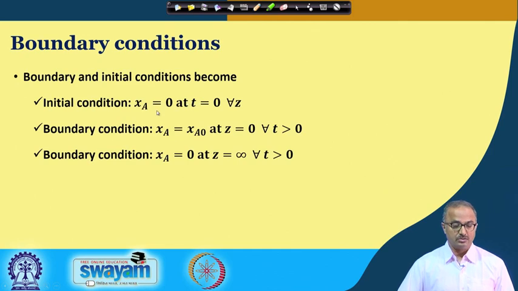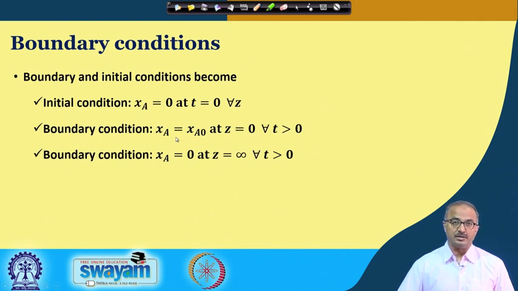So, with these considerations, let us see how we are going to specify the initial condition and boundary conditions. Initially at t equal to 0, we say that there is no A present in the B phase or in the gaseous phase. So, with that consideration, we take that xa is equal to 0 for all z.